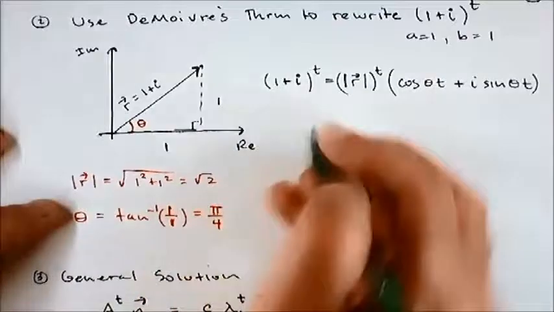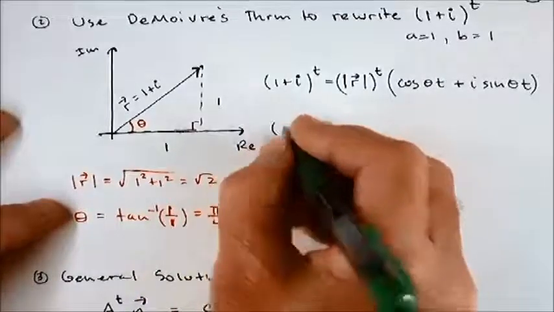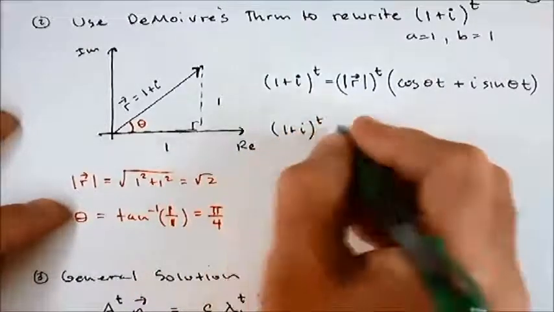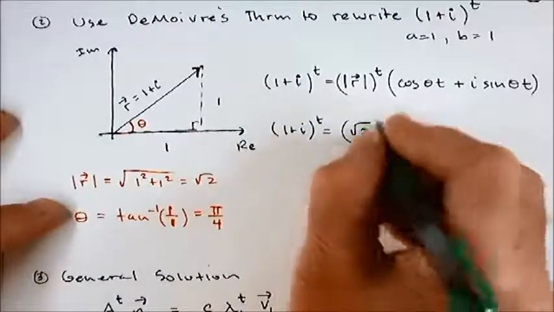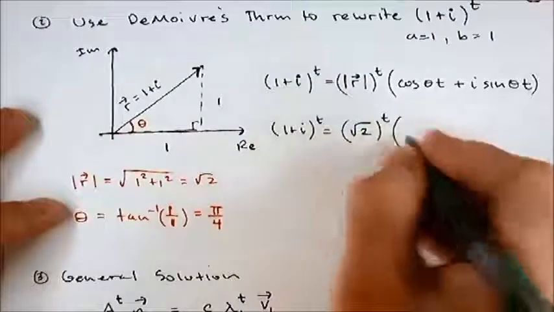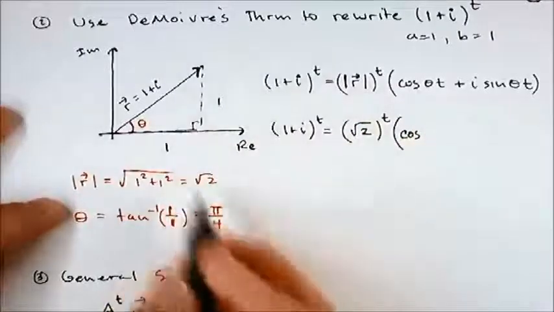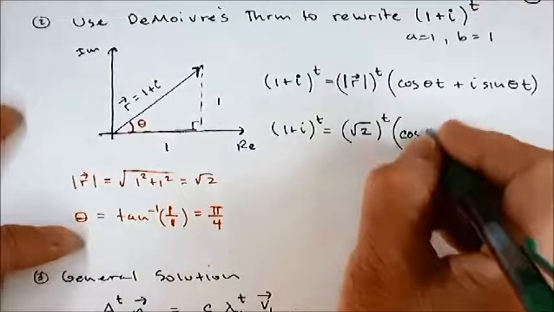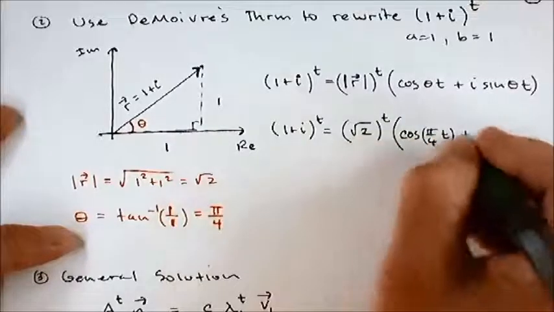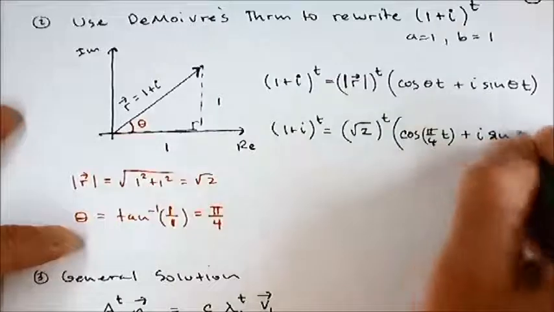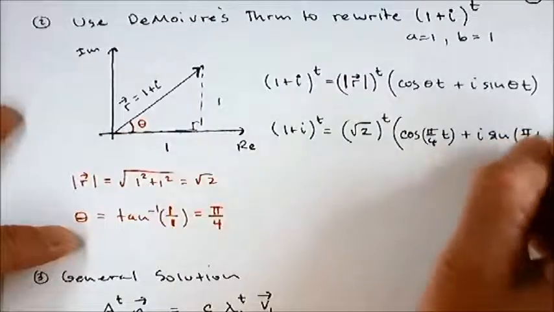And so using this information, I know that 1 plus i to the t is the same thing as root 2 to the t times the cosine of pi over 4t, plus i times the sine of pi over 4t.